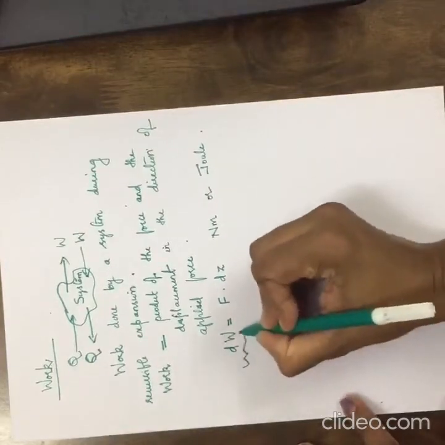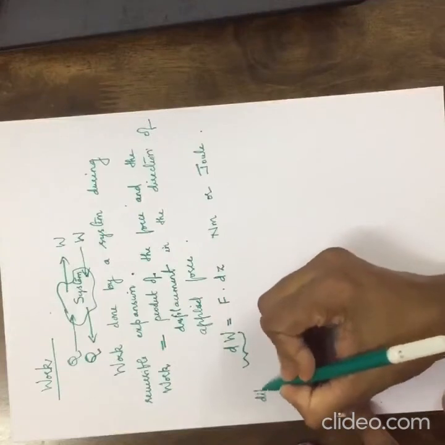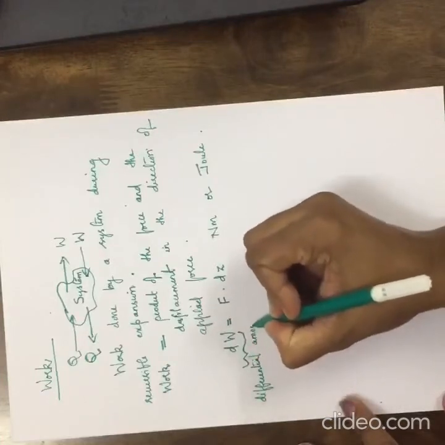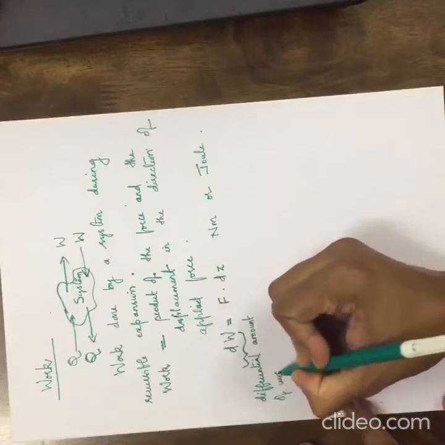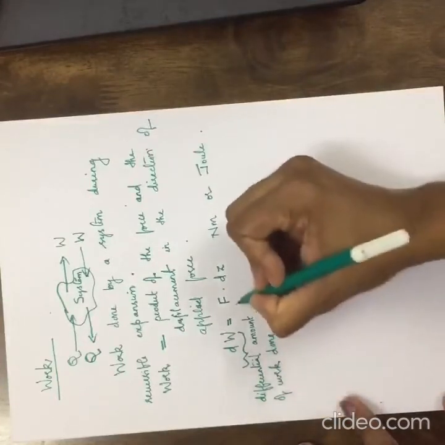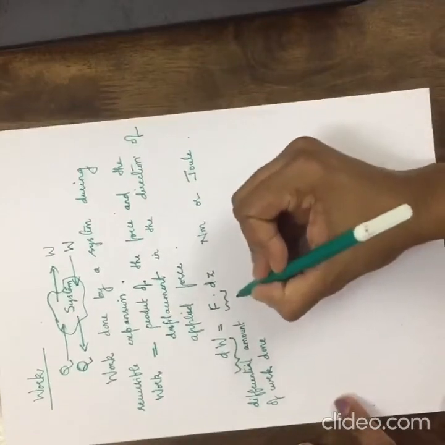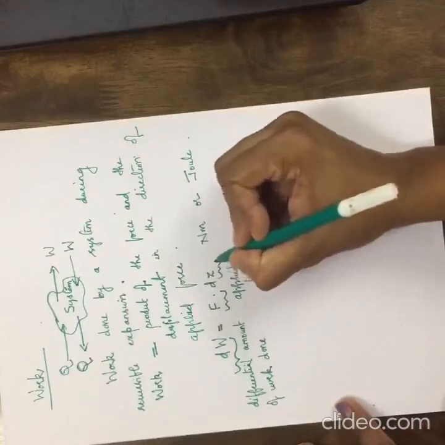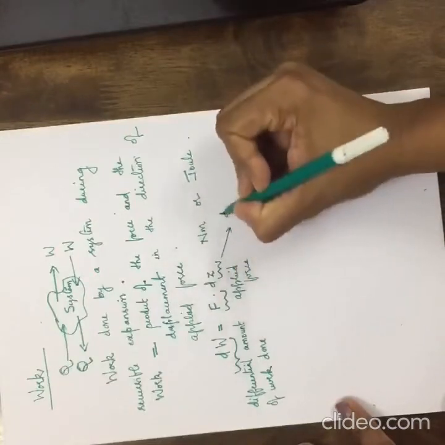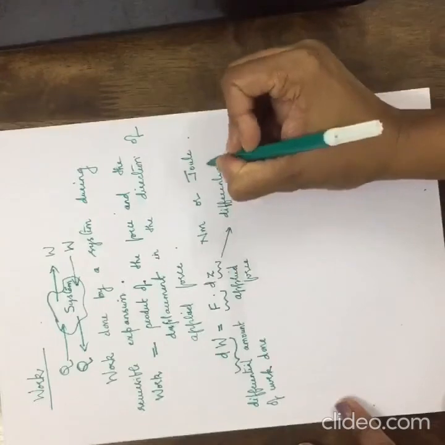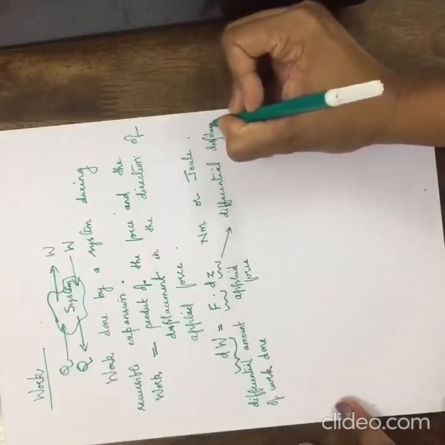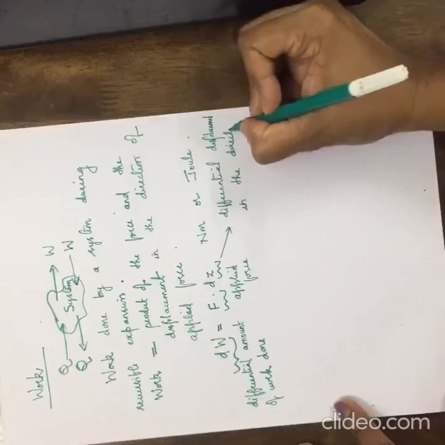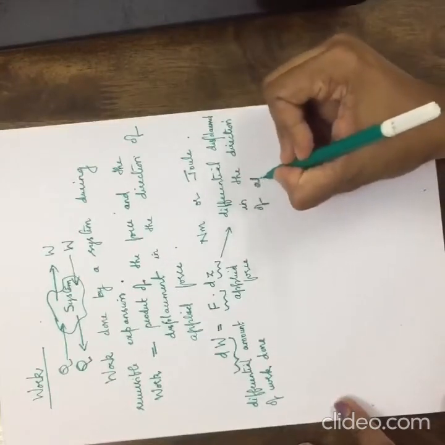Where dW is the differential amount of work done, F is the applied force, and dz is the differential displacement in the direction of the applied force.